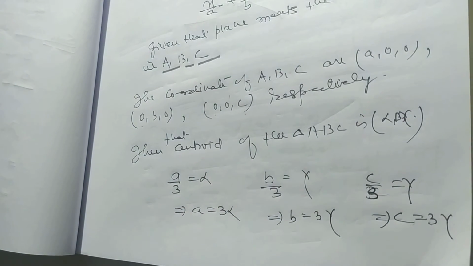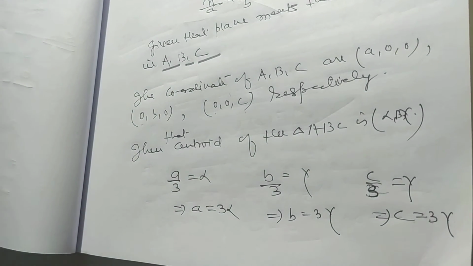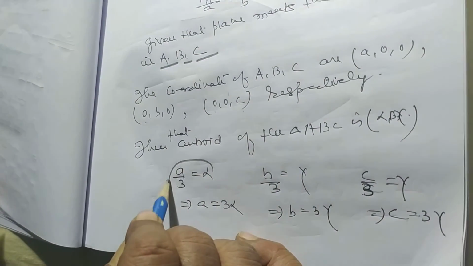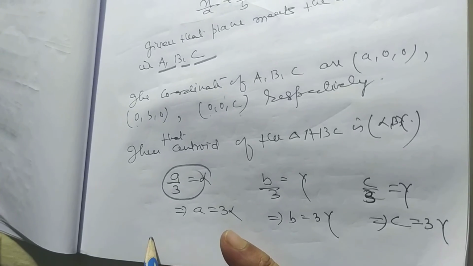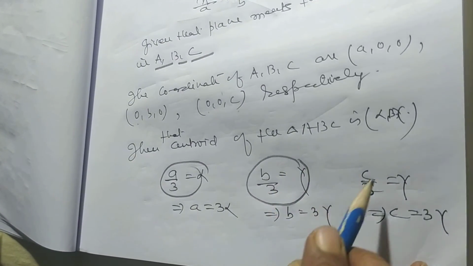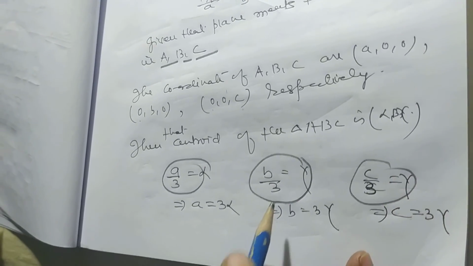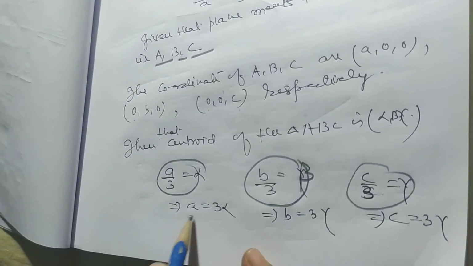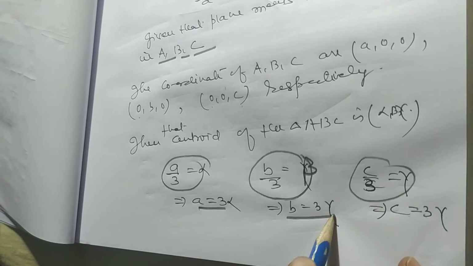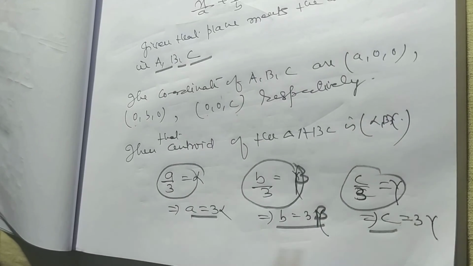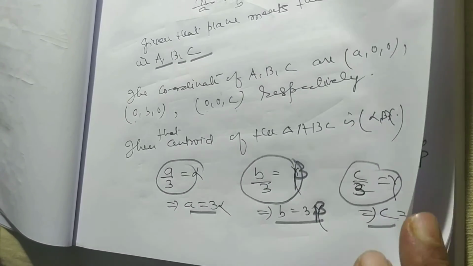Given that centroid of the triangle is alpha, beta, gamma. So alpha is equal to a by 3, beta is equal to b by 3, and c by 3 is equal to gamma. So a is equal to 3 alpha, b is equal to 3 beta, and c is equal to 3 gamma.